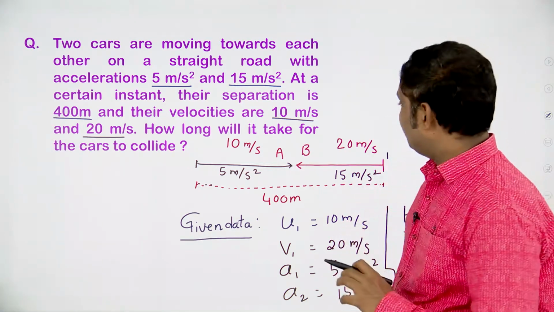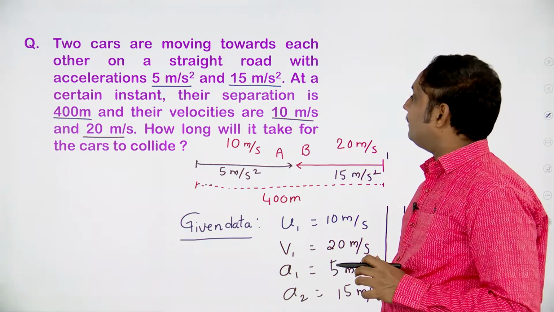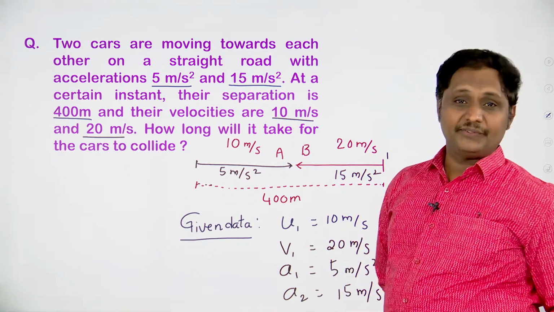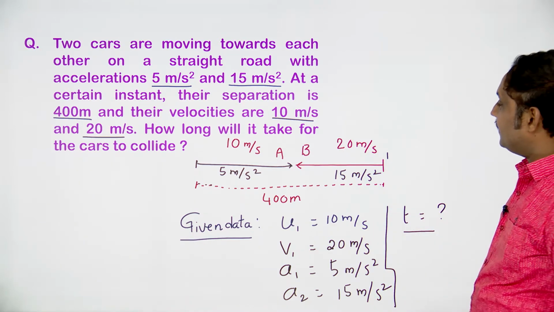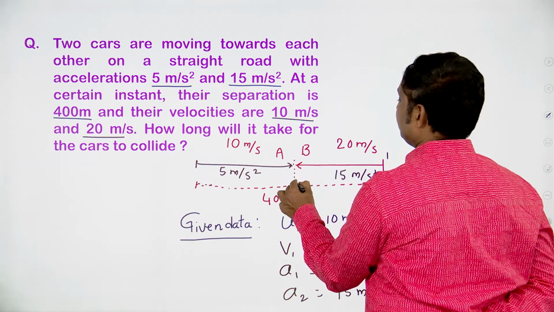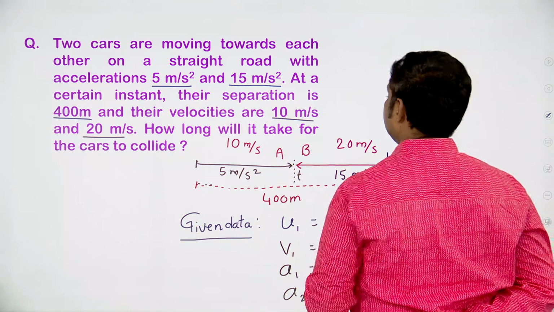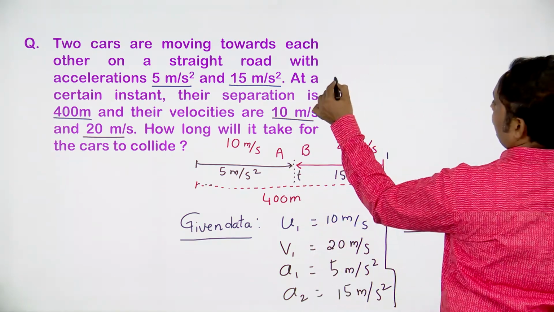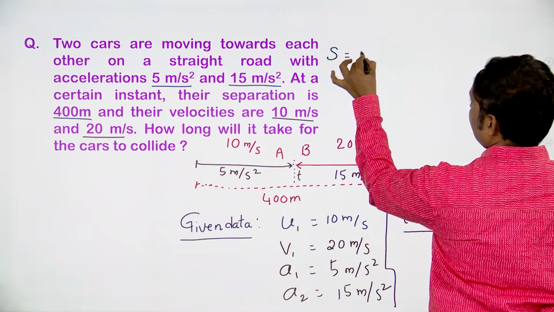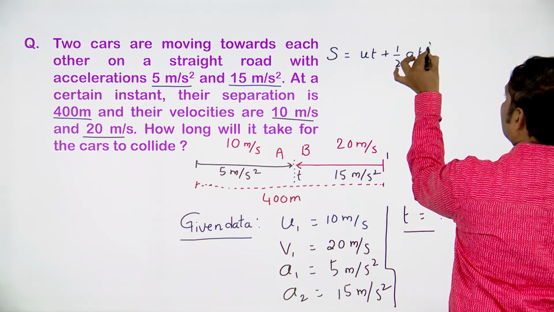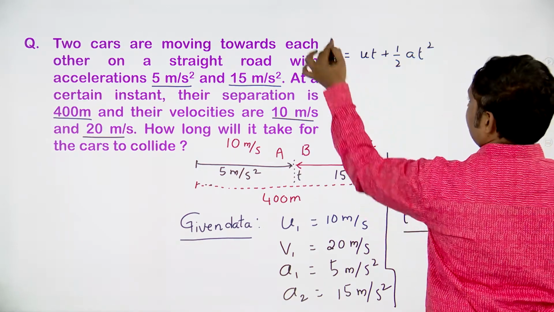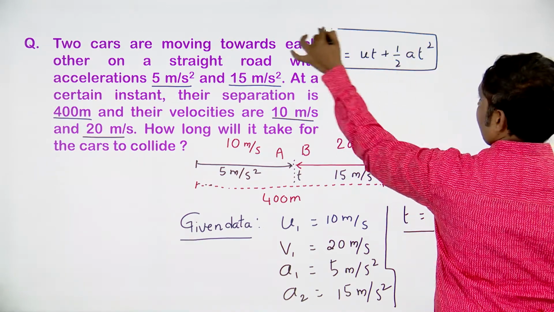How can you confirm that? They are apart by 400 meters. It's very clear. In what time will they meet here? You have to take this one at time t seconds. S is equal to ut plus half a t square. This is the case we would like to confirm.